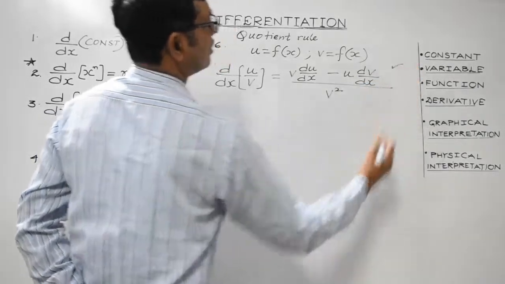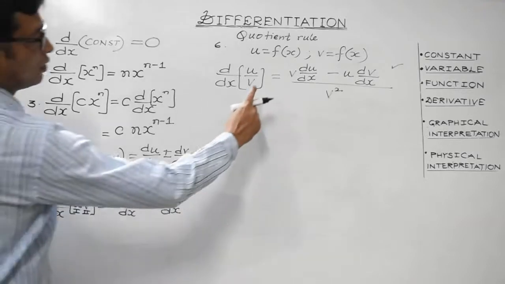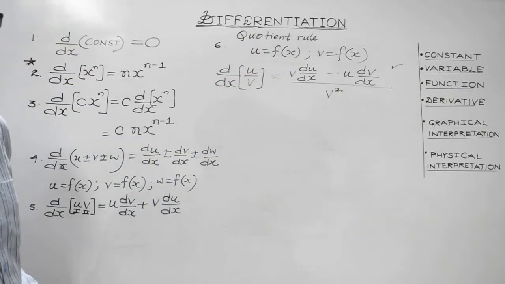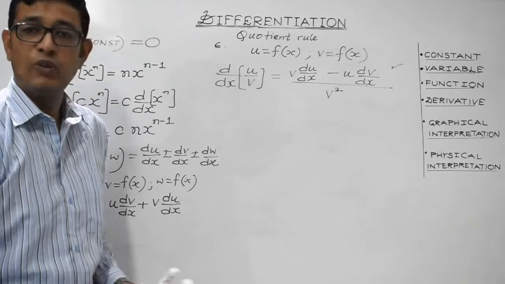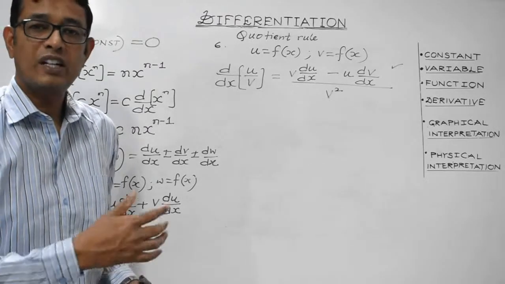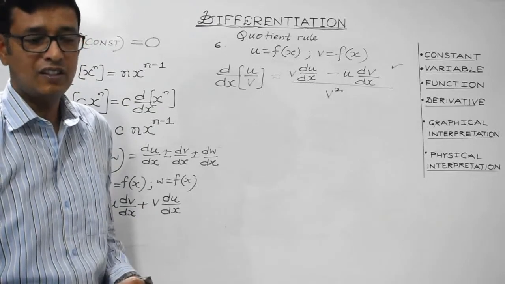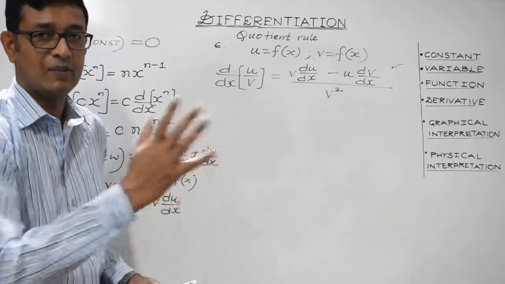This is the formula. This one is known as the quotient rule. There are some other formulas for trigonometric functions as well as for exponential logarithmic functions. That also we'll discuss, but that is in the next episode.